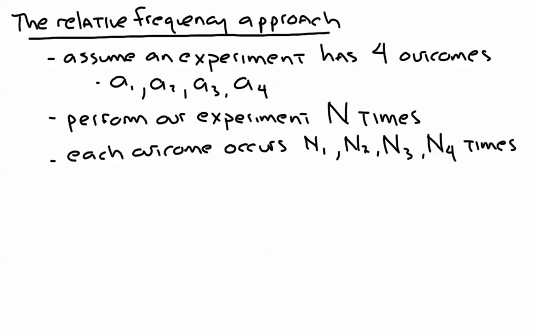So outcome A sub 1 occurs capital N sub 1 times. Outcome A sub 2 occurs capital N sub 2 times, etc. In other words, the total number of times we perform my chance experiment equals N1 plus N2 plus N3 plus N4. And you can see how this would be extended if I had any number of discrete possible outcomes.